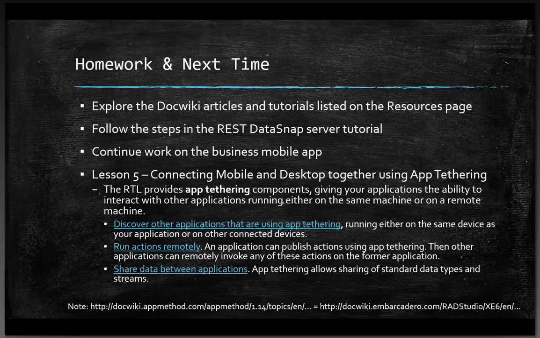The next 2 lessons, Jim is going to do, since I'll be down at Disneyland. Next Monday Jim is going to be covering app tethering, how you can connect your mobile and desktop apps together using the app tethering technology that's available in the runtime library. In lesson 6, we've got the REST client components and backend as a service. So he's going to show you demos of how you might hook up REST server access. You might have some REST servers out there where you need to get some information, like parts information from Amazon or whatever it might be, and hook that into your business application. And also use backend as a service.